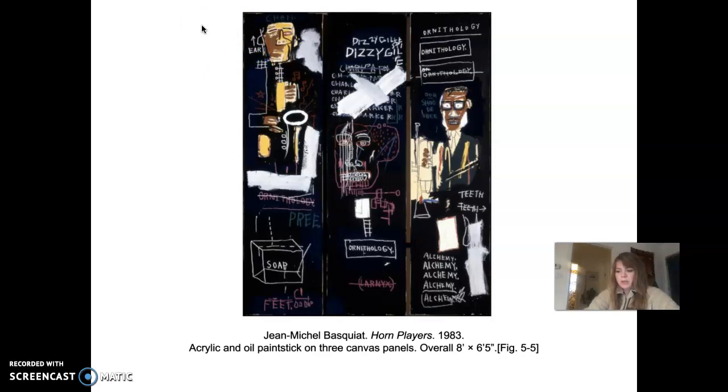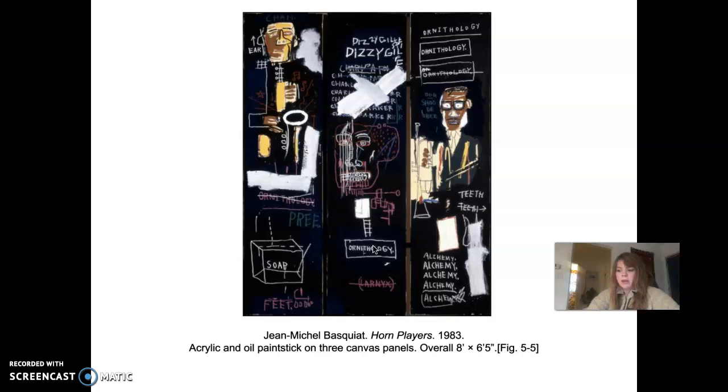And we can make out the name of trumpeter Dizzy Gillespie at the top center, so right here. And we see him pictured at the right here, so here's his trumpet, and there's Dizzy Gillespie. And the word ornithology refers to one of Parker's musical compositions, which he and Gillespie actually recorded together. So here we go. You can see there are a couple different areas where that's at.